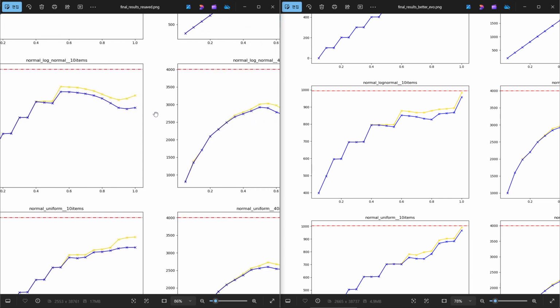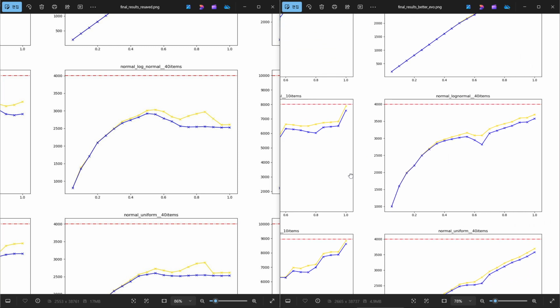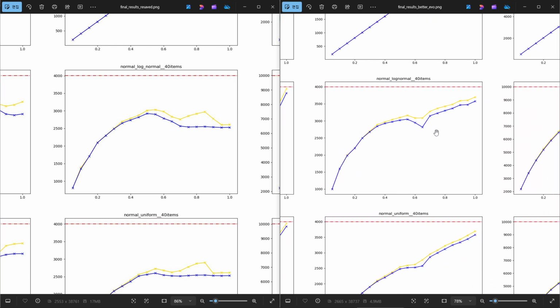For 10 items and 40 items, it was very evident that it just stagnates and doesn't go up as the maximum constraint percentage goes up. But with the new evolution scheme, we got this.